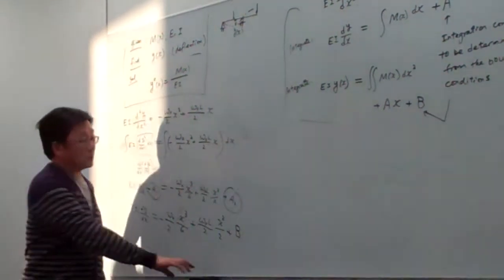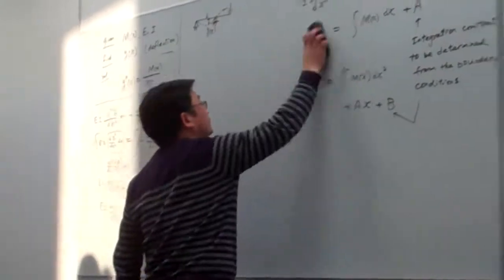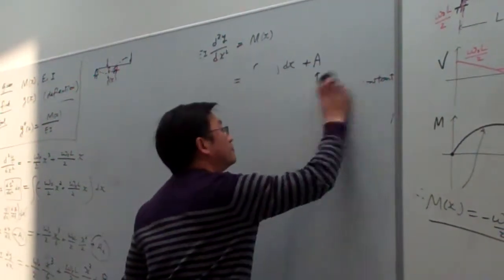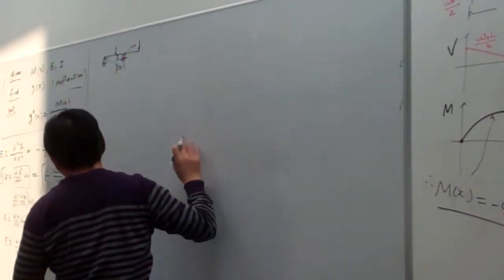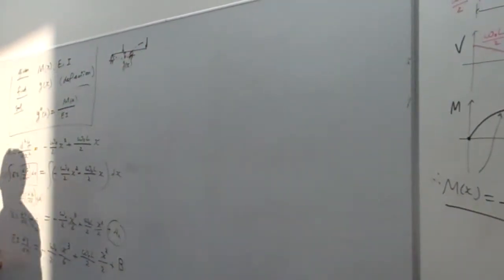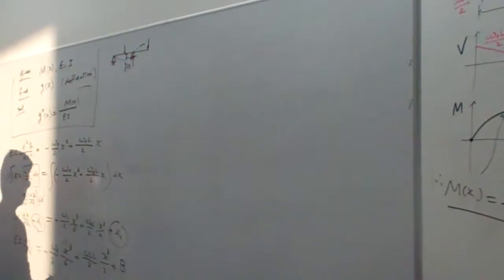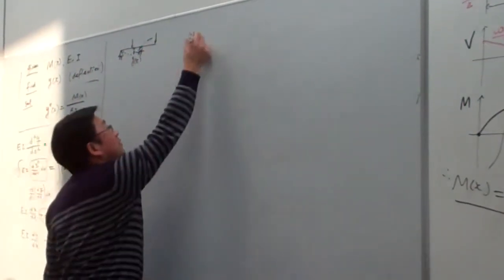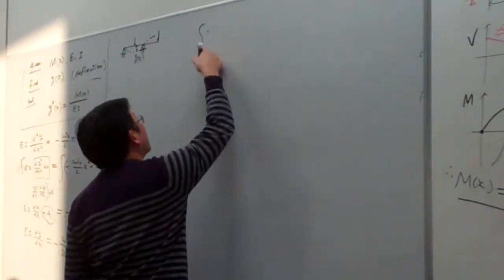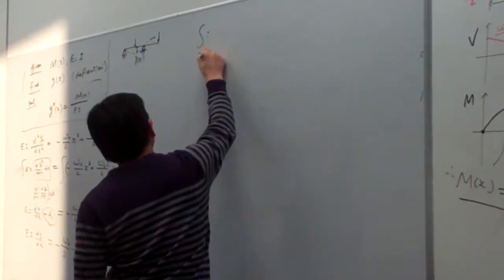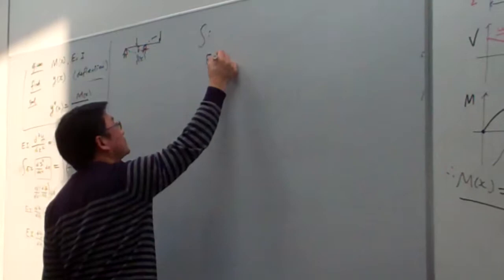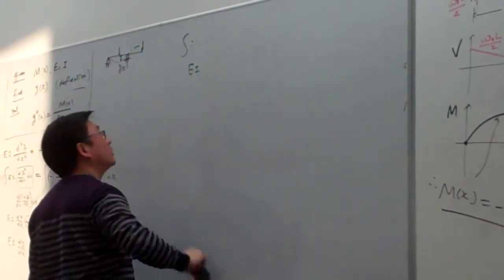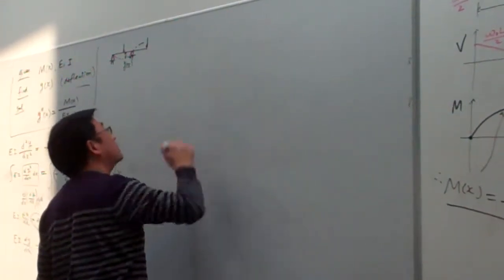So we integrate one more time on both sides. Here we do the integrations on both hand sides. So that means the left hand side will become EI. Okay, let me write it out one more time.